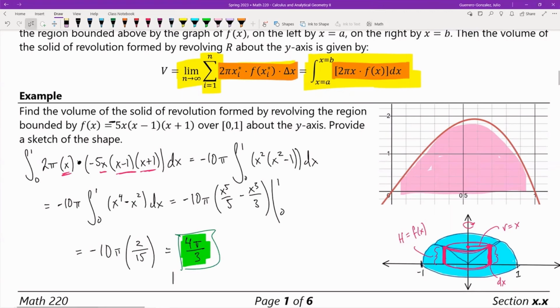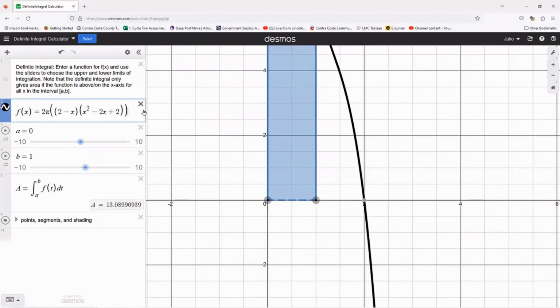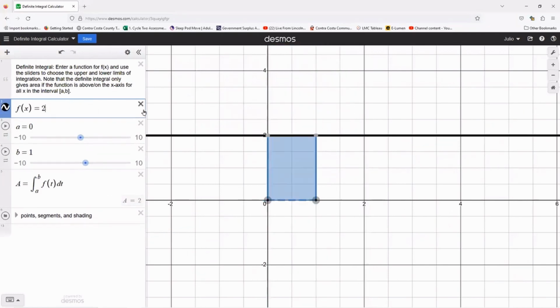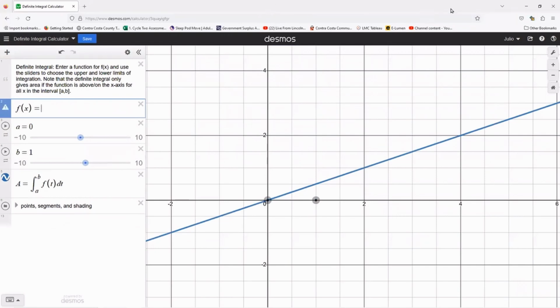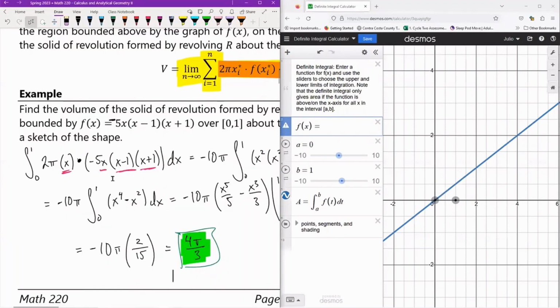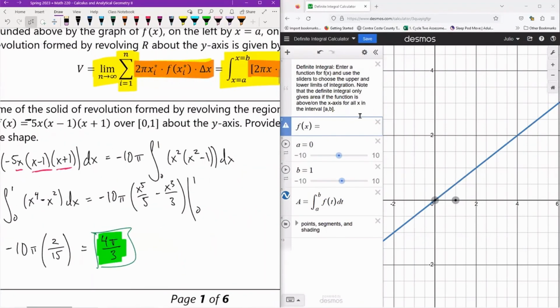Our integral calculator still works here, which is what I want to do. I want to bring this down and show you guys the integral. So let me go ahead and erase that, delete all that stuff. We're about to get to that one in a second. I want to do a split screen here. So we wanted to find this integral right here. I can put in any one of them.